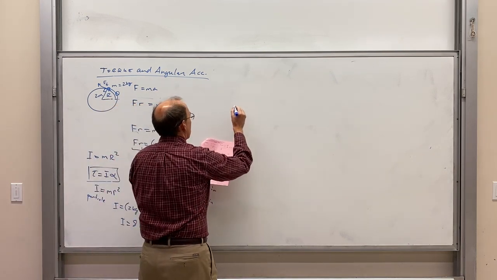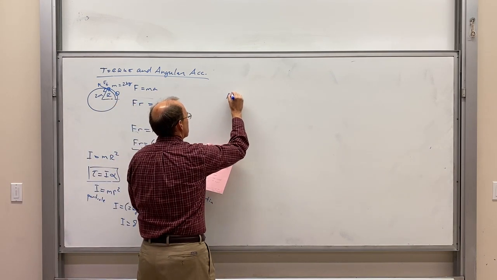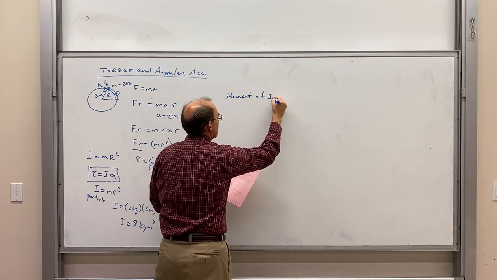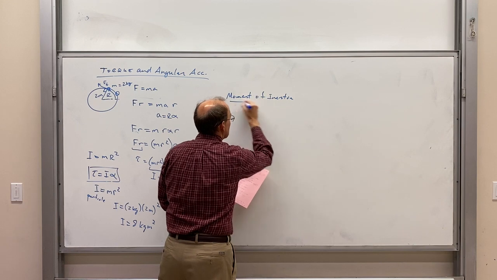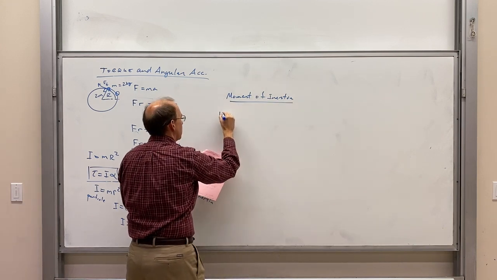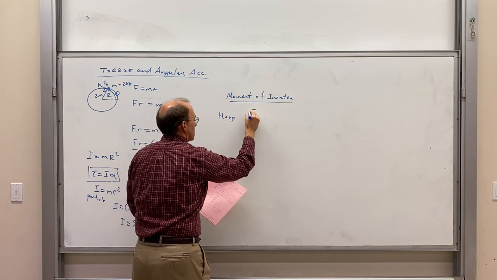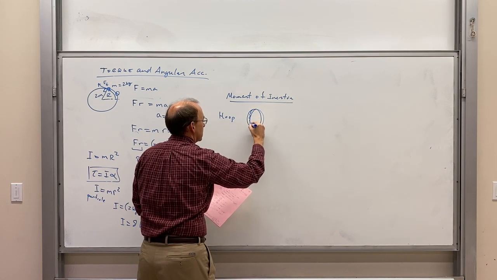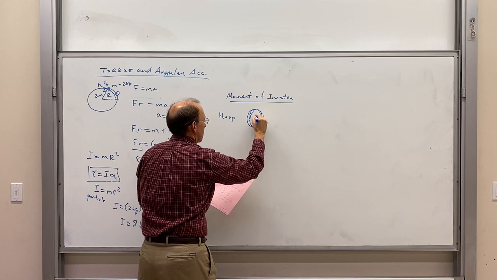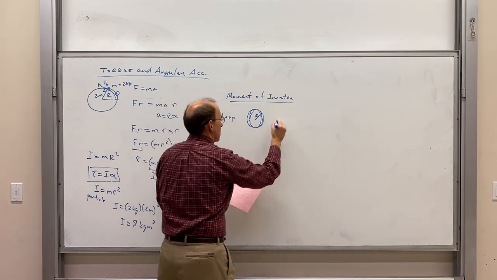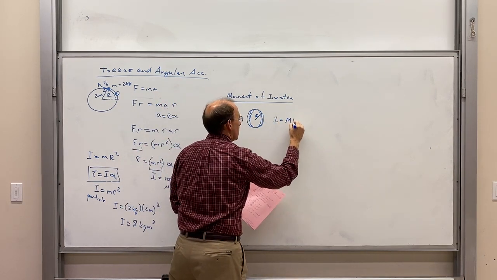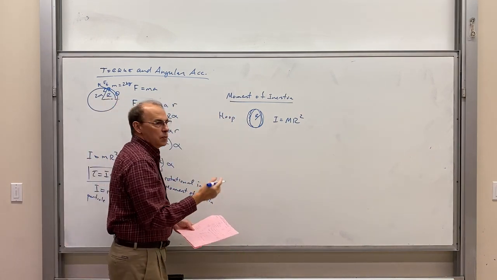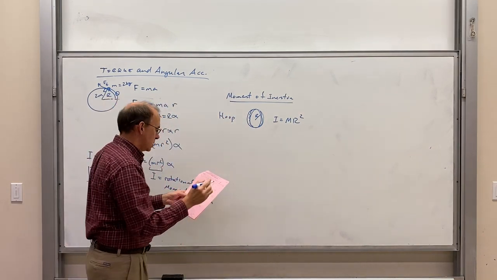So for moment of inertia, for a hoop, for example, with some radius r, the moment of inertia is m r squared. Now you couldn't possibly just know that. That comes from calculus.